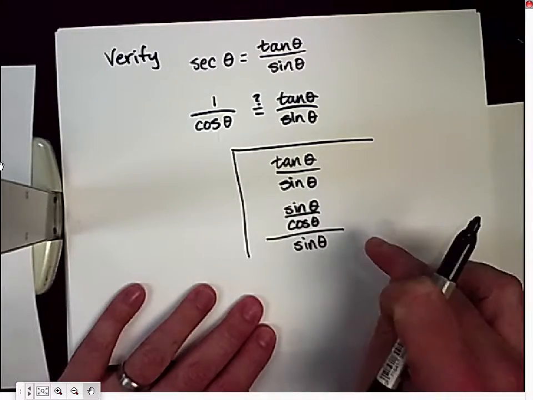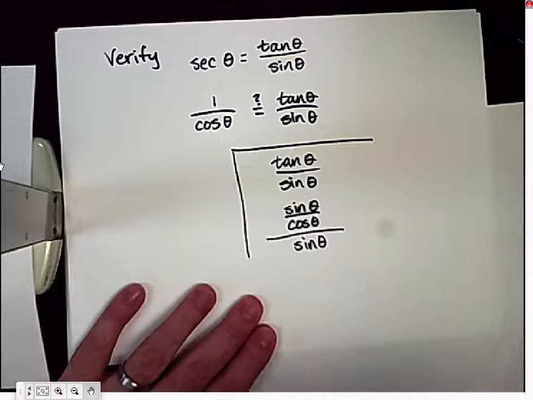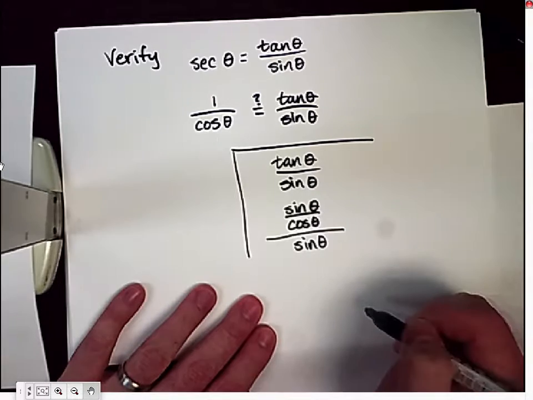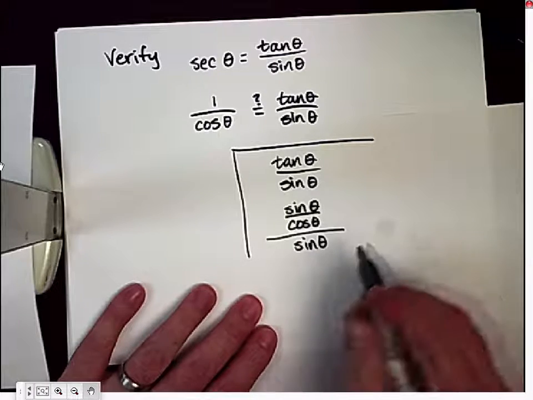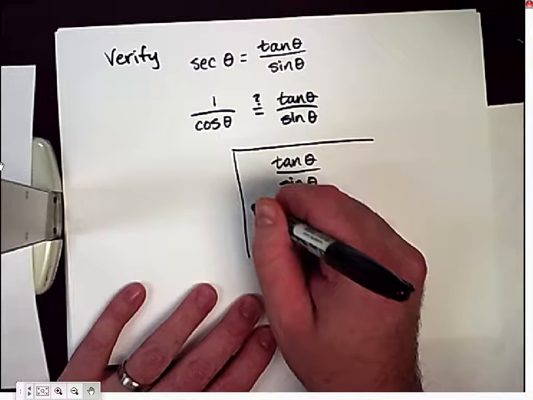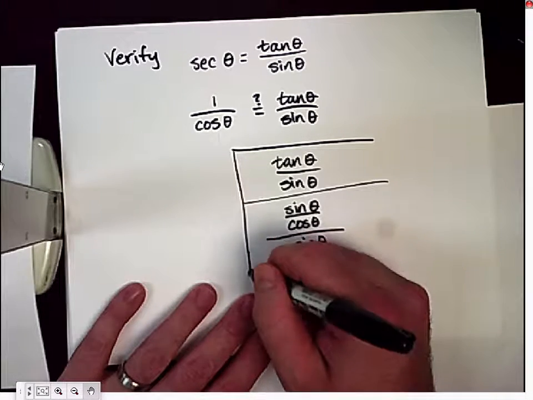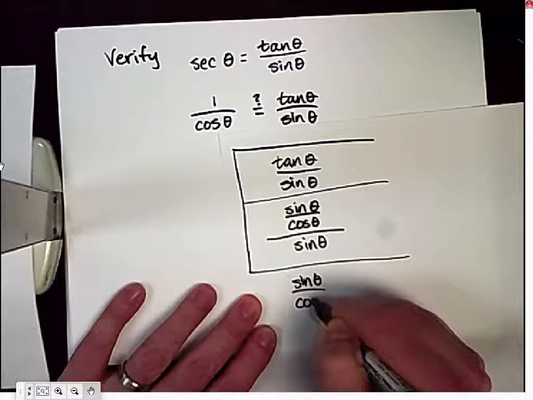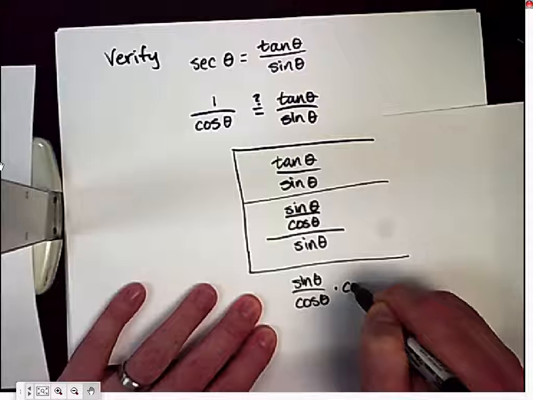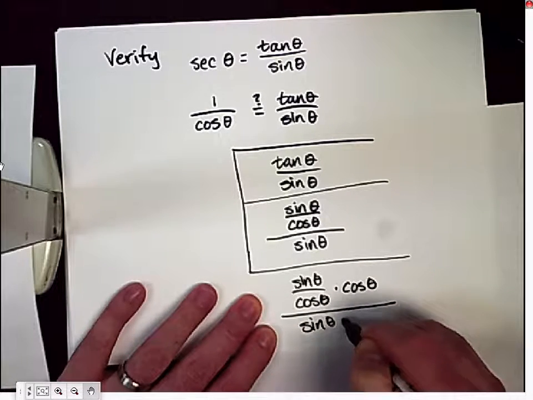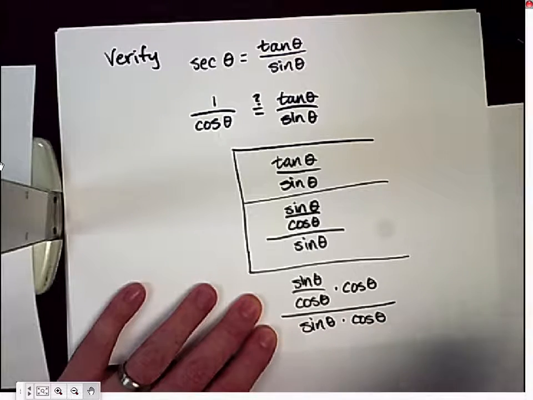If you want to do sine over cosine times 1 over sine, that works. Or you can multiply top and bottom by cosine, and that works. Okay? So if you multiply top and bottom by cosine, you get, so that was our first one, sine theta over cosine theta times cosine theta over sine theta times cosine theta.